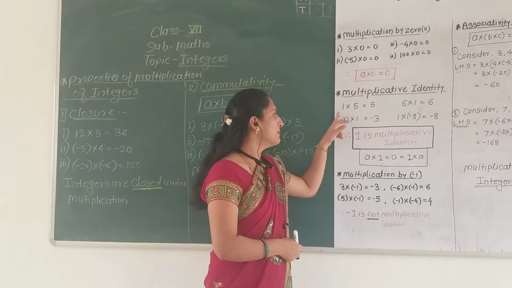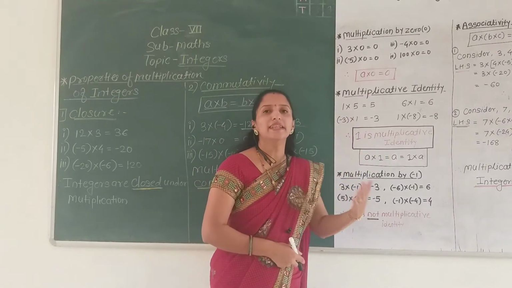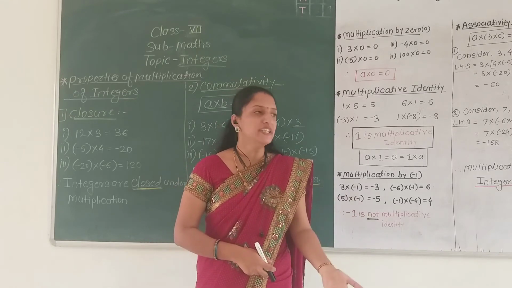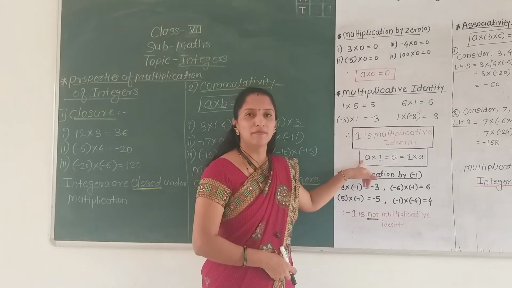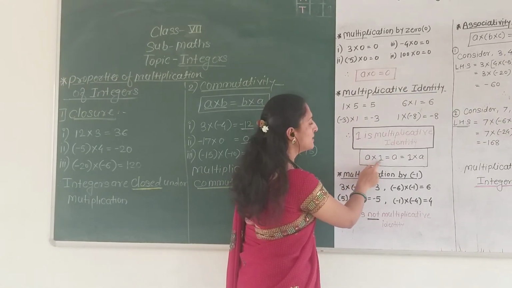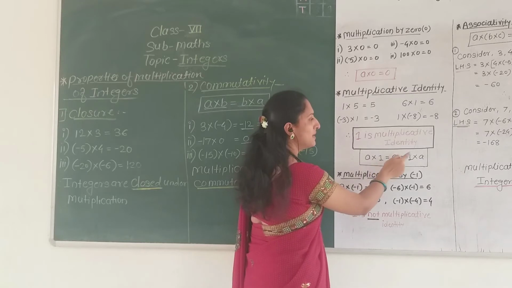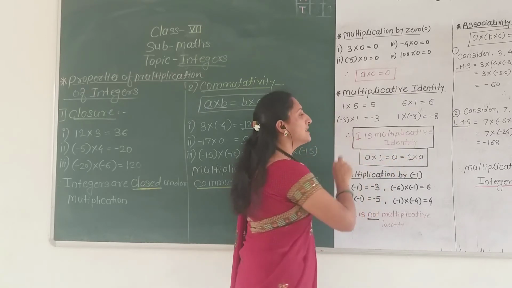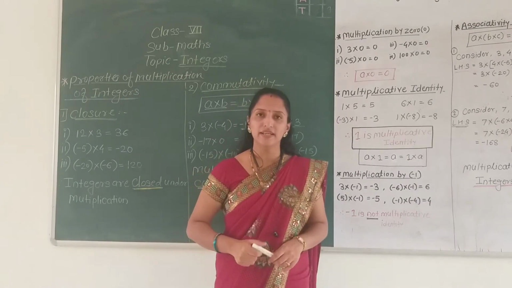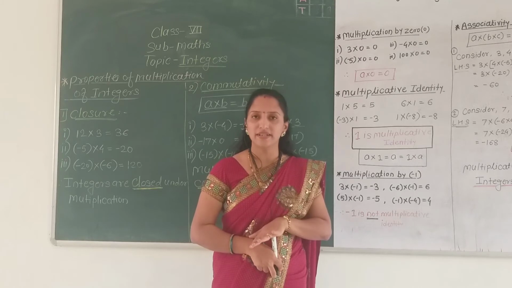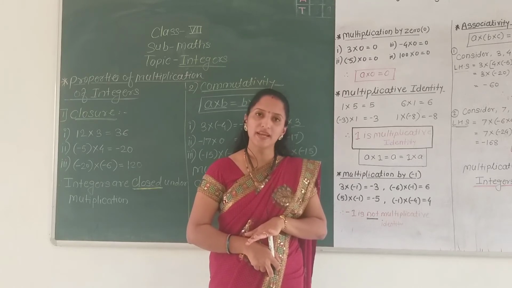Since when we multiply 1 with any integer, we get the same number. If I multiply 1 into A, the answer is A. So 1 is called the multiplicative identity. So remember students, 1 is the multiplicative identity for integers.